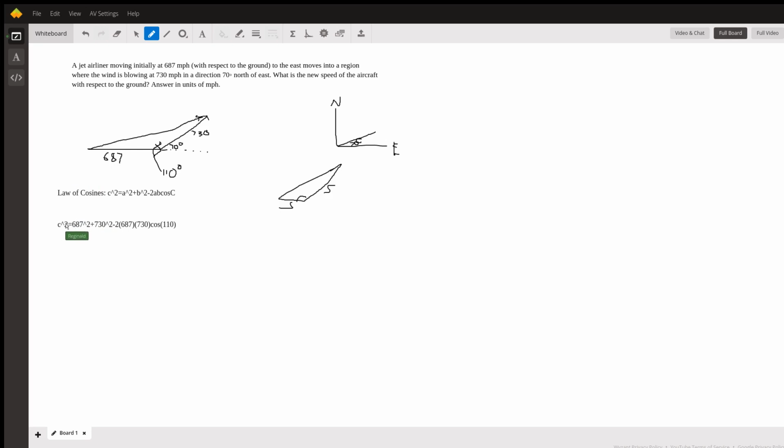Right, so c is going to be the square root of this. So actually I could just put the square root of this entire thing.